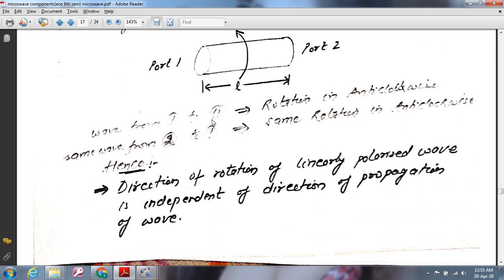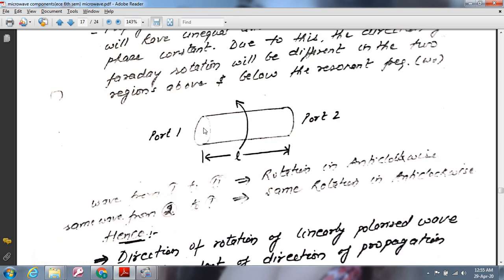Wave from 1 to 2, rotation is anticlockwise, and the same wave from 2 to 1, same rotation in anticlockwise. Hence we see that the direction of rotation of a linearly polarized wave is independent of the direction of propagation of the wave. It means, suppose this is port number 1 and this is port number 2.